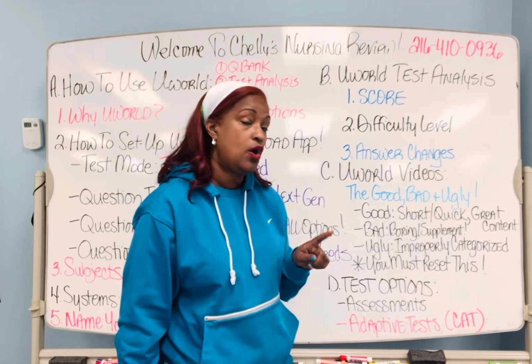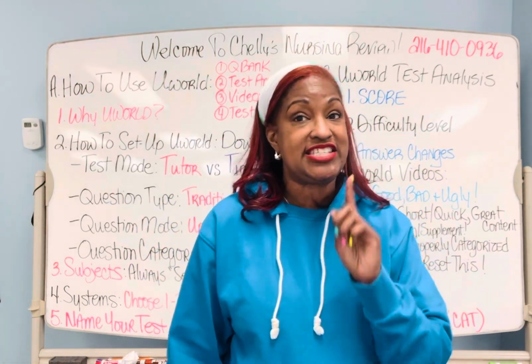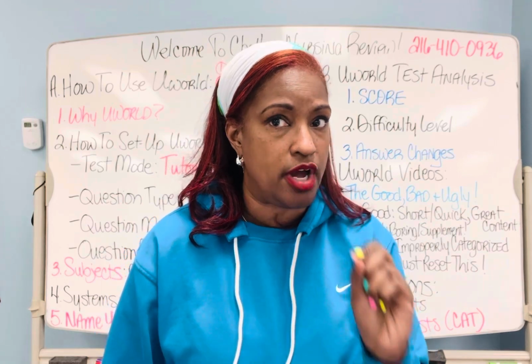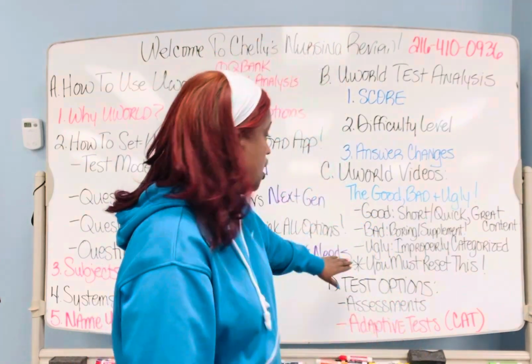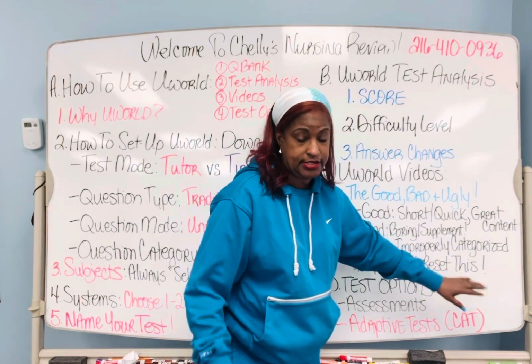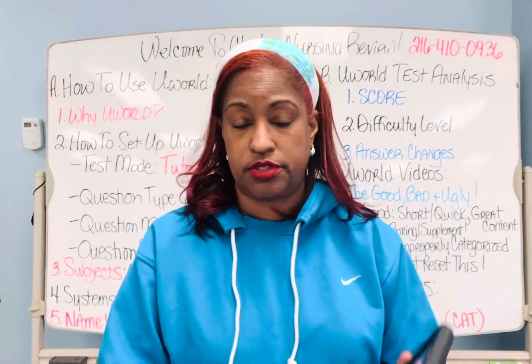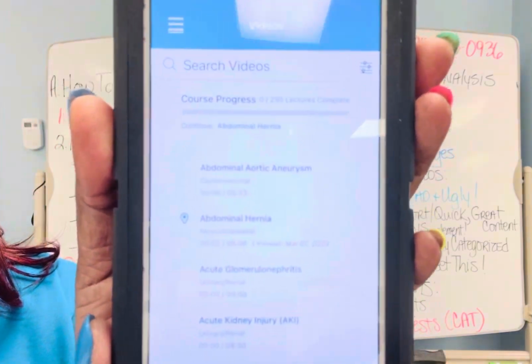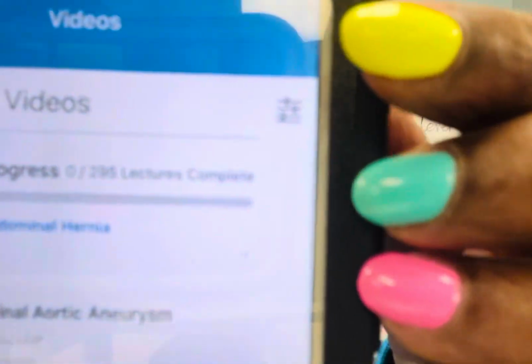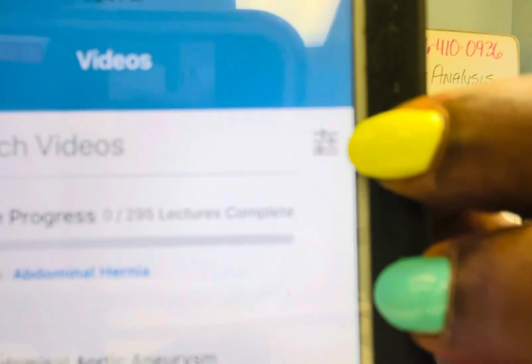And even though that's true, I still want you to reset this part of the Uworld. Let me show you that you must reset this. Otherwise, you're going to be real confused. So let's do it. Here we go. We're going to go to the other 3 lines.